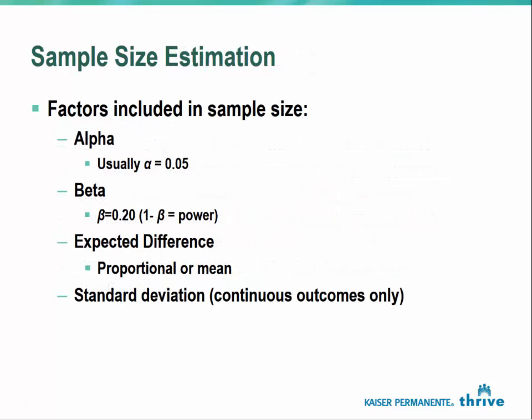So for your sample size estimation, you're going to use these factors. Alpha is typically your p-value. You want 0.05, that's your alpha. That's typically what it's set at, but you could set it at a higher level. Say you're concerned about multiple testing of your data, you could set it at 0.25.